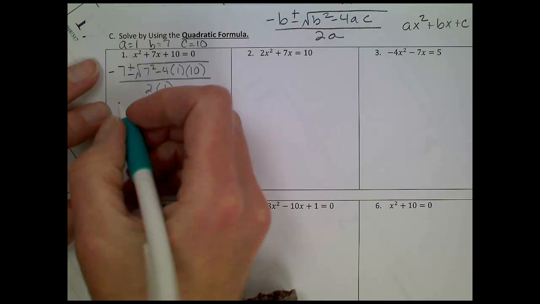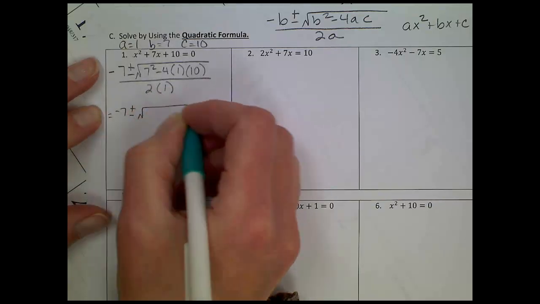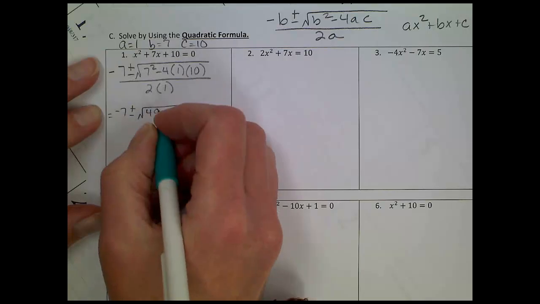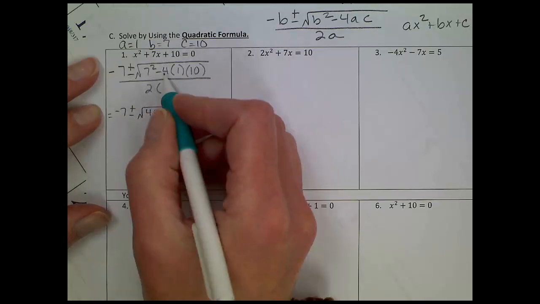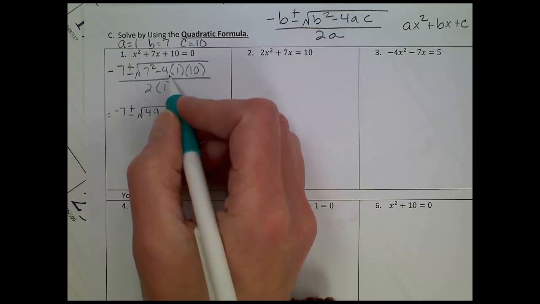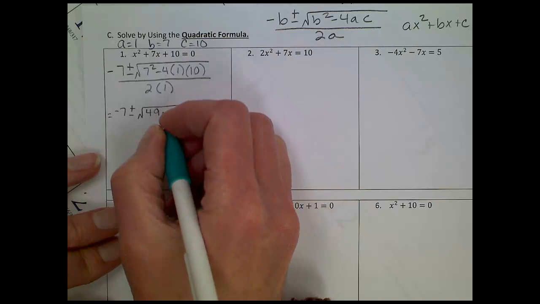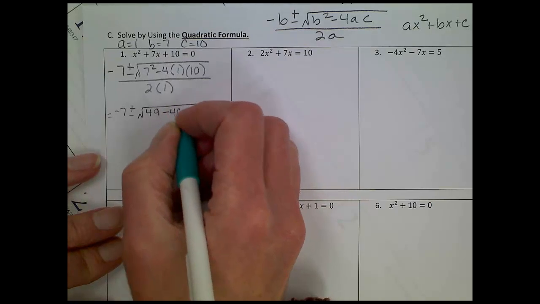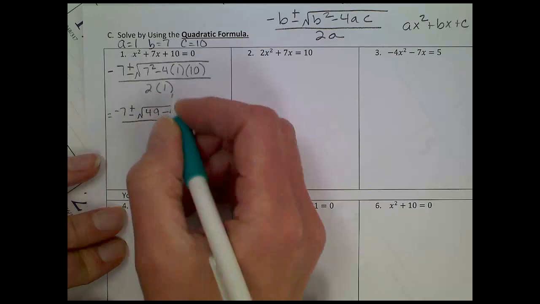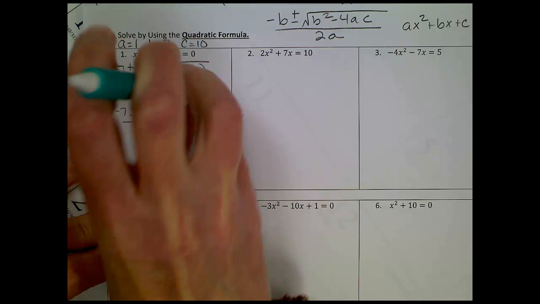Leave your negative 7 alone. We'll have negative 7 plus minus 7 squared will give you 49. And then 4 times 1 times 10. Careful with your signs. It should come out negative because I have 1 negative, 2 positives. And 4 times 10 will give you 40. And then you can simplify the bottom while you're at it. 2 times 1, 2.